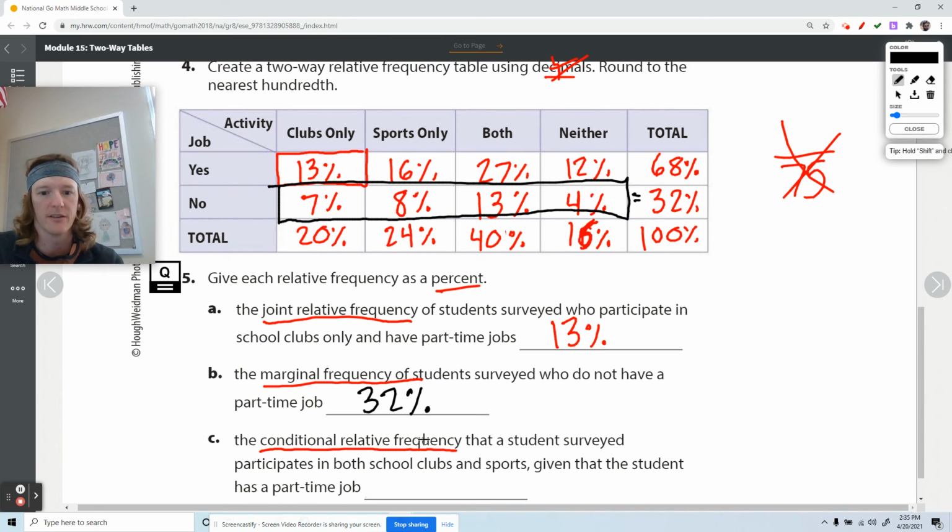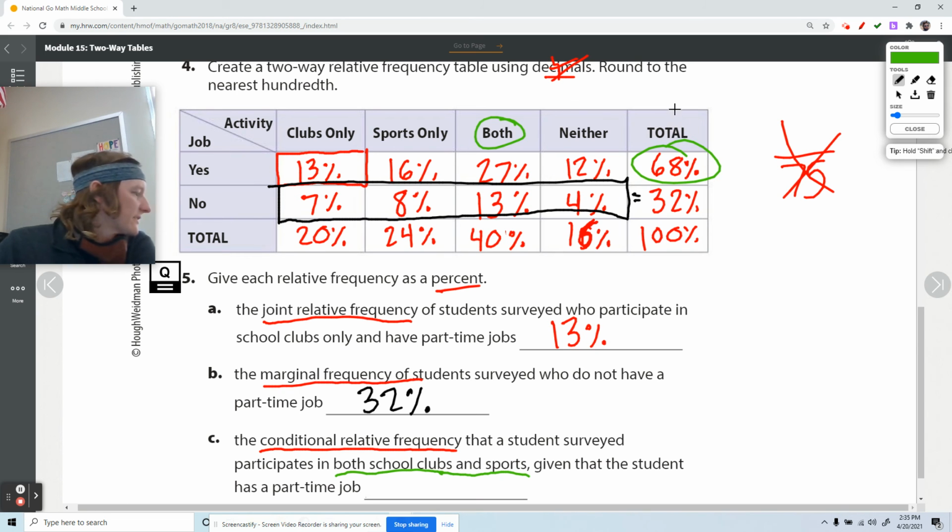And C, conditional relative frequency, that a student surveyed participates in both school clubs and sports, given that they have a part-time job. So now we're only looking at people who have a part-time job. So the job yeses. So this box on the top one is 51 people.